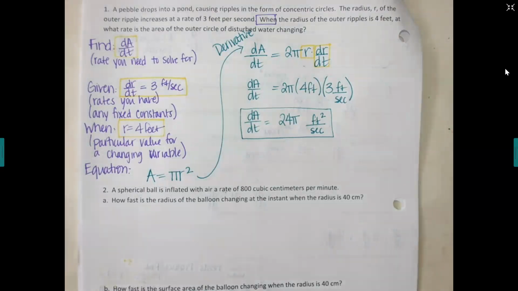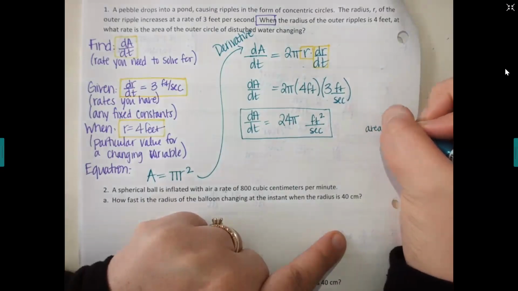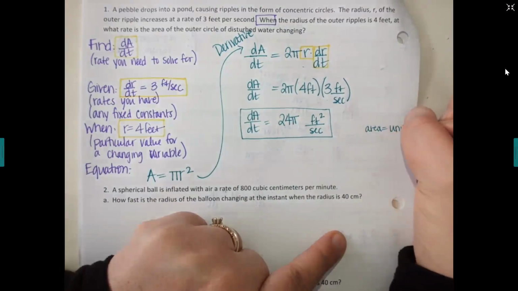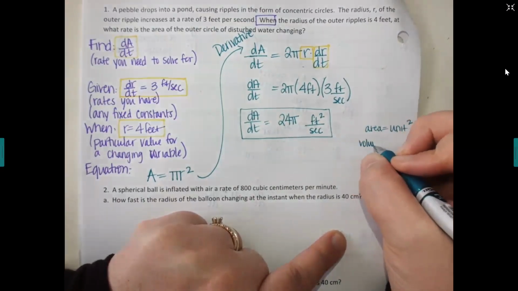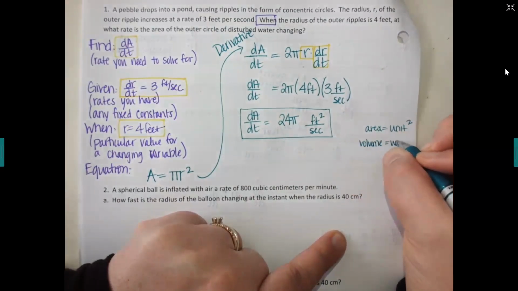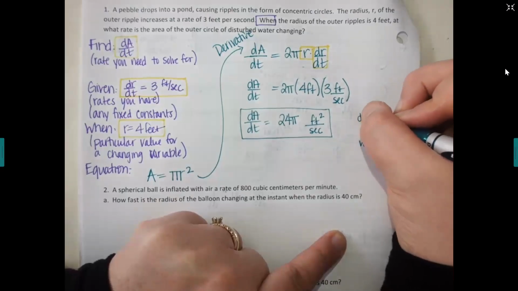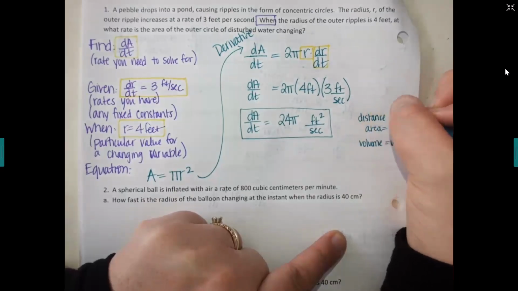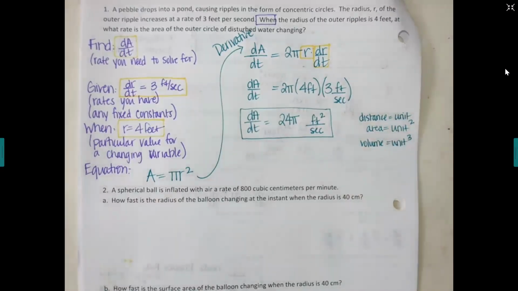So if you want to write that over here to the side, if you have area, it's going to be units squared. If you have volume, it's going to be units cubed. And then if you have a distance or a measurement, that's just going to be regular units. So if it's the length of a box or a radius or a height, all of those would be linear.